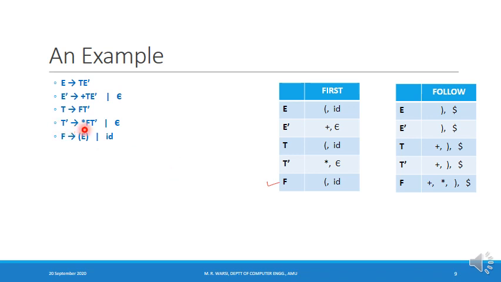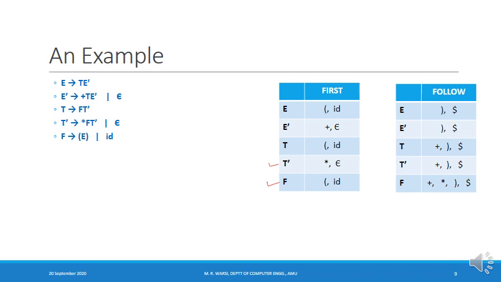When I look at this production, I can say that first of T dash will contain star, and when I look at this production, I can say that first of T dash will contain epsilon. So first of T dash is containing star and epsilon. So we have calculated the first of T dash.